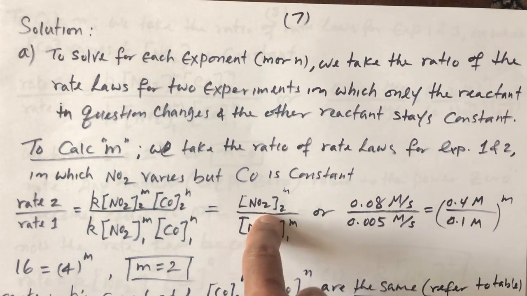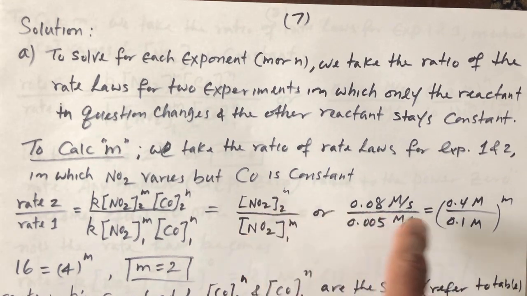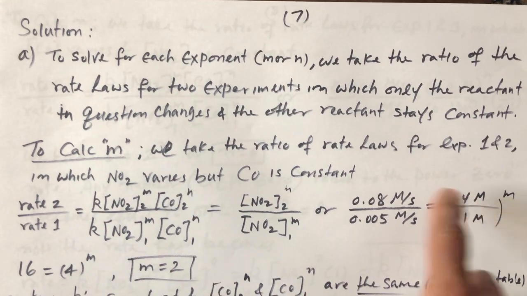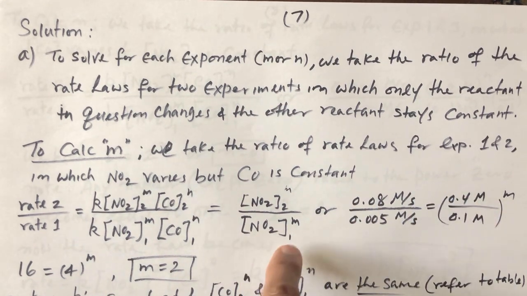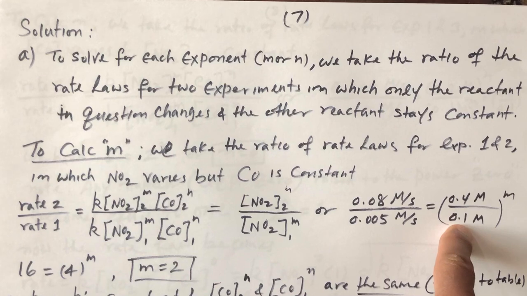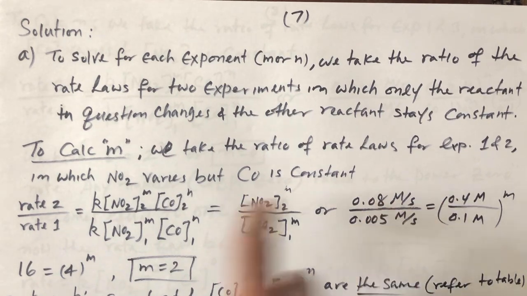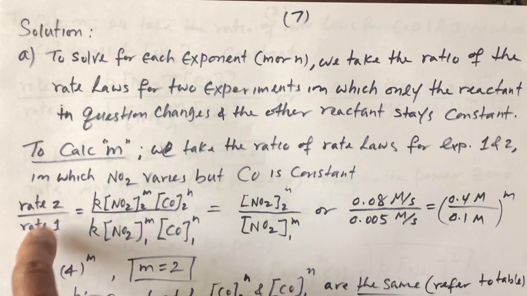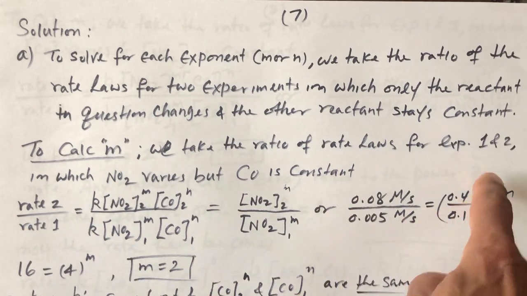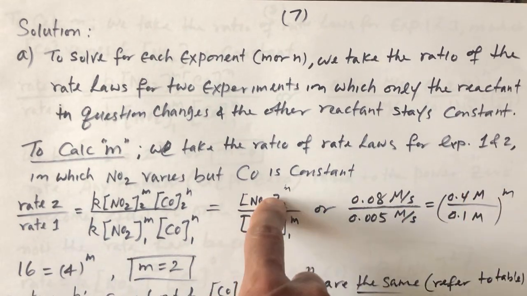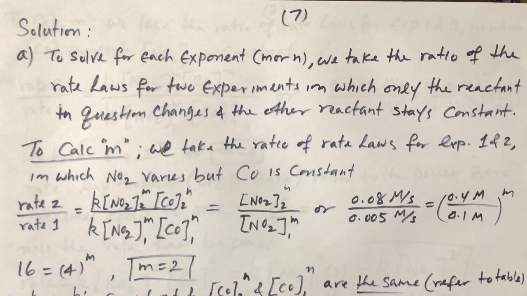And also, we note that the concentration of NO2 in experiment 2 is 0.4, and the concentration of NO2 in experiment 1 is 0.1. Okay? So this ratio refers to the initial rate 2 to 1, and this refers to the concentration of NO2 in those two experiments, 1 and 2.